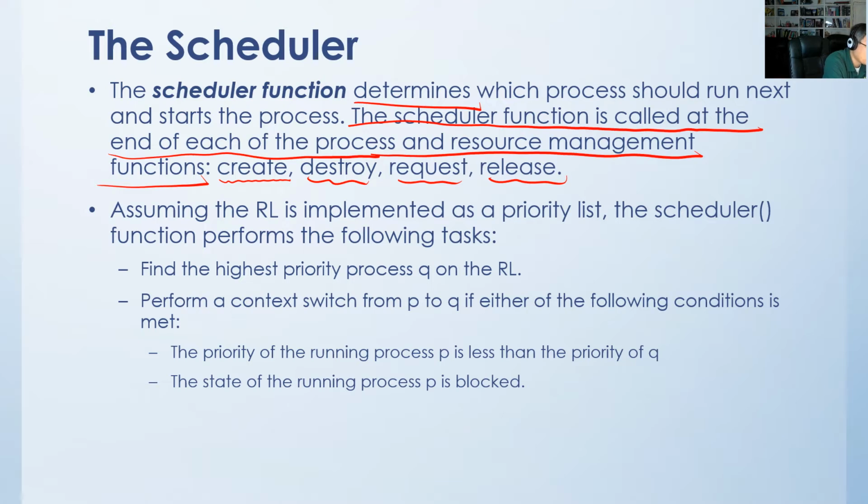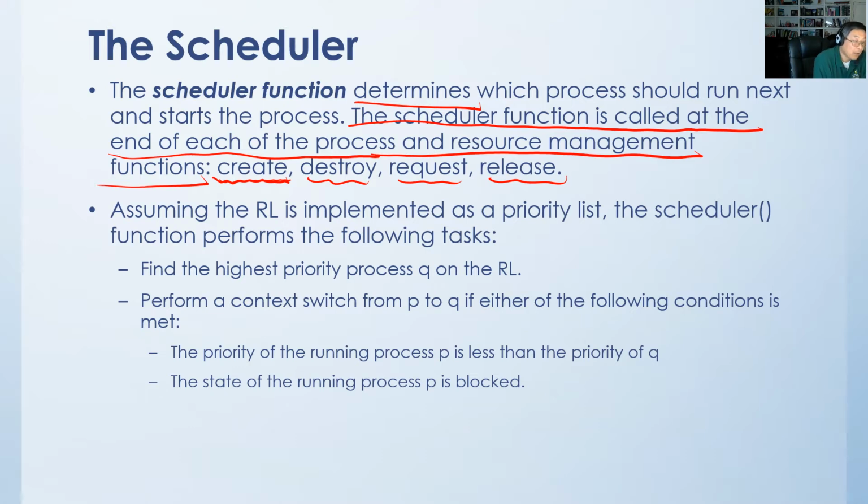Okay, if the operating system calls the create function and creates a new process, then the operating system needs to call the scheduler function to review the newly created process and the existing processes, and determine which process is going to run next.